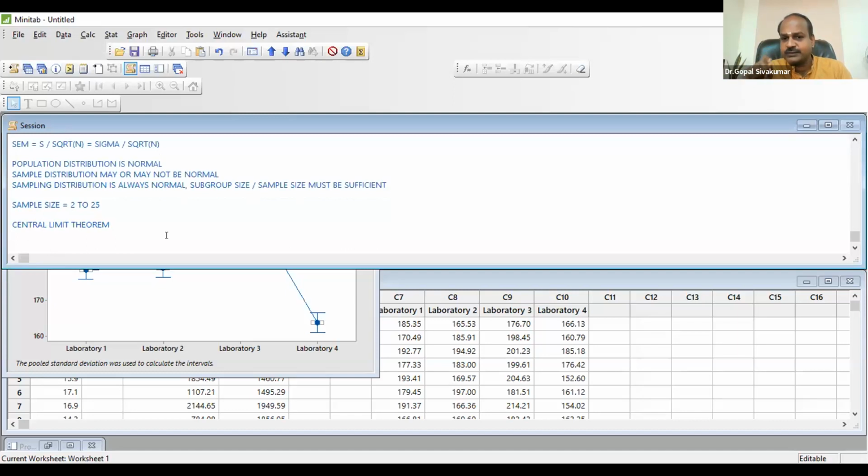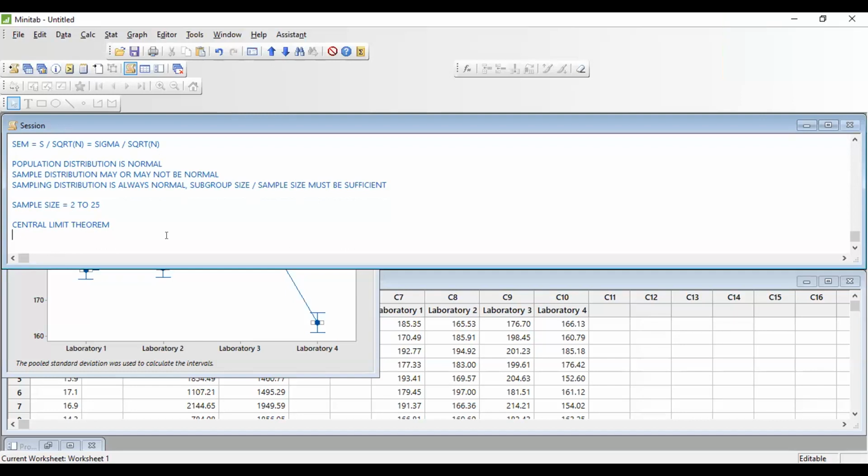The distribution of sample averages will be a normal distribution provided the sample size is sufficient. Clear? Now I have taught you a beautiful concept using which you can solve all problems in the world only by learning a single distribution, which is known as the normal distribution.